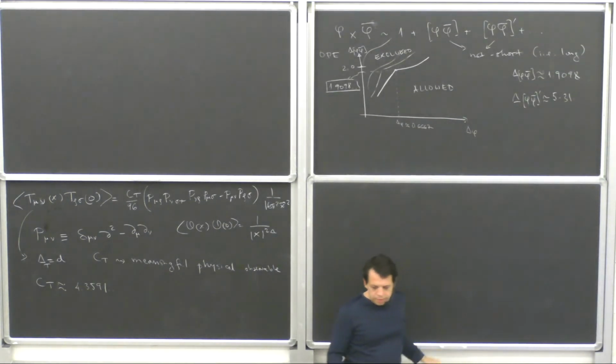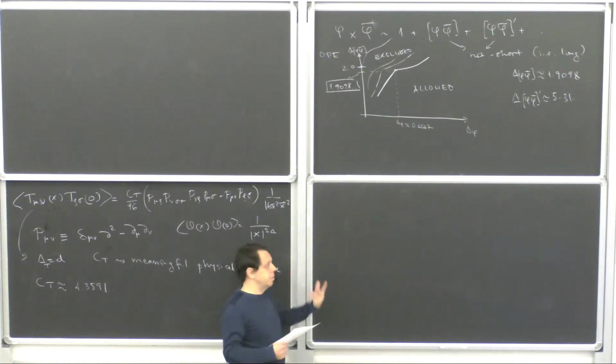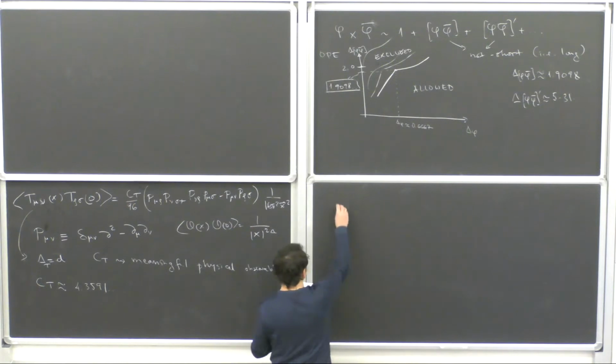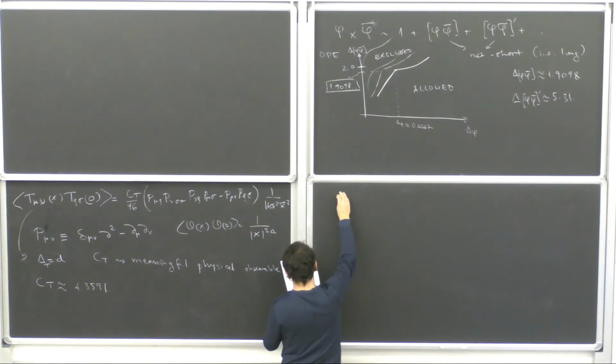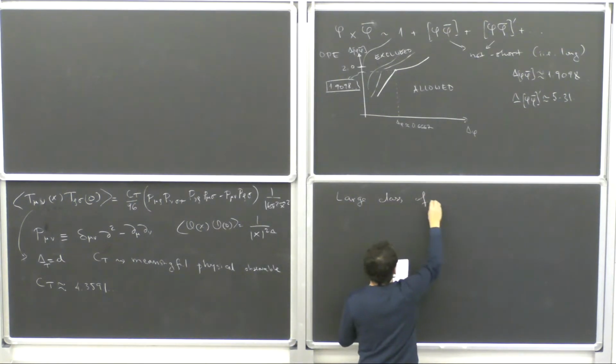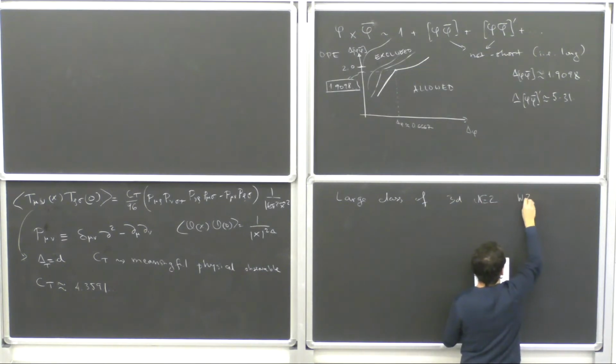Okay, I want to emphasize that I've told you a story about this simplest model I can think of that is non-trivial and has n equals 2 supersymmetry. But there's actually a large class of 3D n equals 2 Wess-Zumino models.